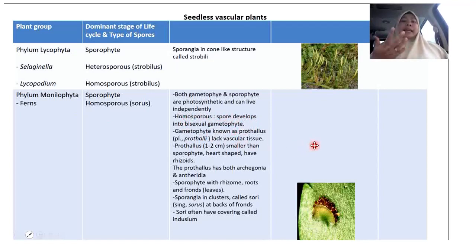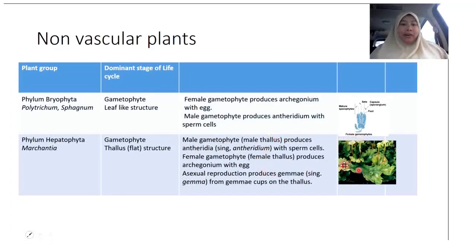But for seedless vascular plants, meaning fern, the spore develops into a bisexual gametophyte, meaning on the same gametophyte it has both antheridia and archegonia. So the gametophyte is known as the prothallus, no longer thallus. Thallus is meant for phylum Hepatophyta.